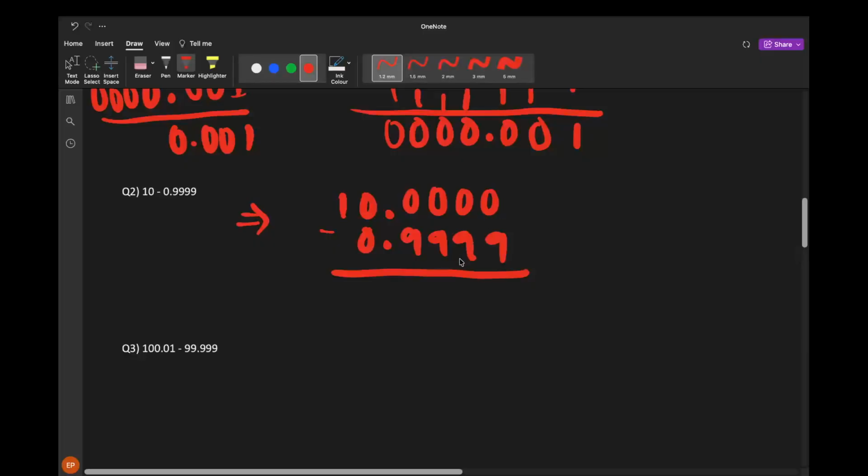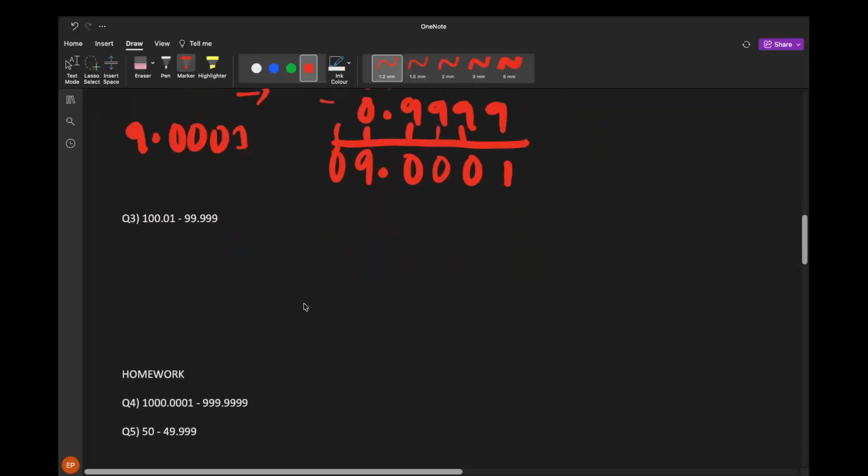We can't subtract, so we have to take a carry. 10 minus 9, 1. 10 minus 10, 0. 10 minus 10, 0. 10 minus 10, 0. Now it became 10 minus 1, so it is 9. 1 minus 1, 0. So the answer is 9.0001. Great.